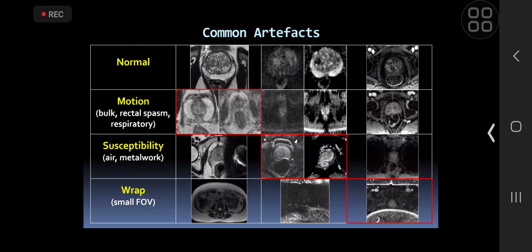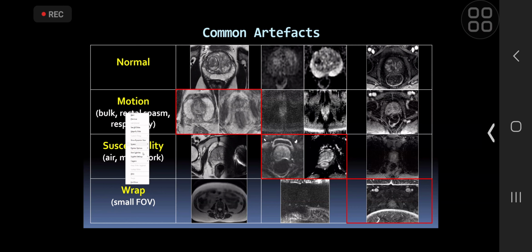And occasionally patients will move in the magnet if they're claustrophobic, or if they have other conditions such as an intention tremor, Parkinson's disease. But the most common is for us to see rectal spasm. And then air in the rectum can be particularly problematic on the diffusion weighted imaging, causing susceptibility artifact, as we see in the case here.